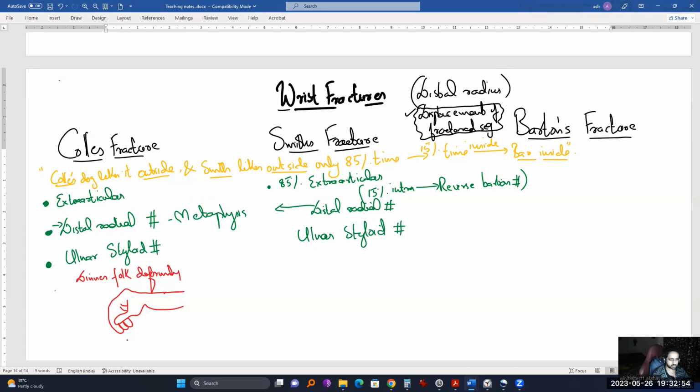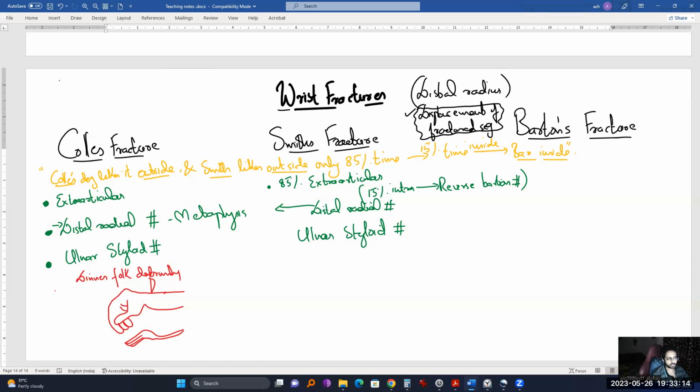So see, this resembles a dinner fork, right? So this is a dinner fork.